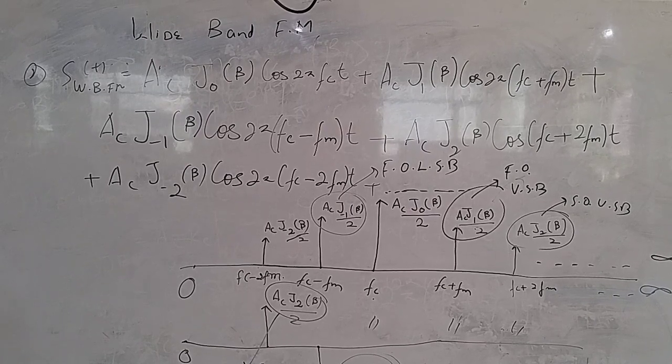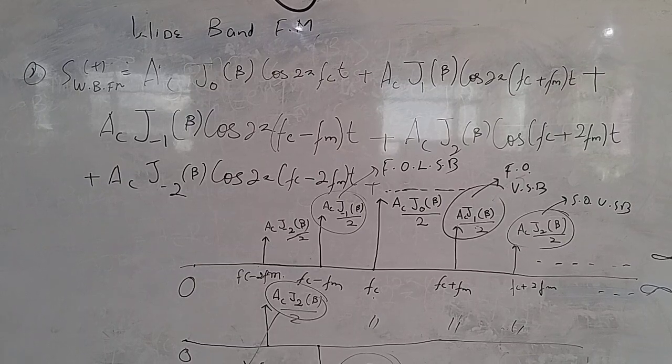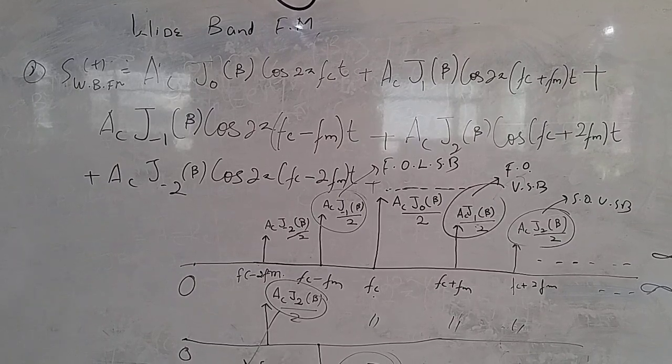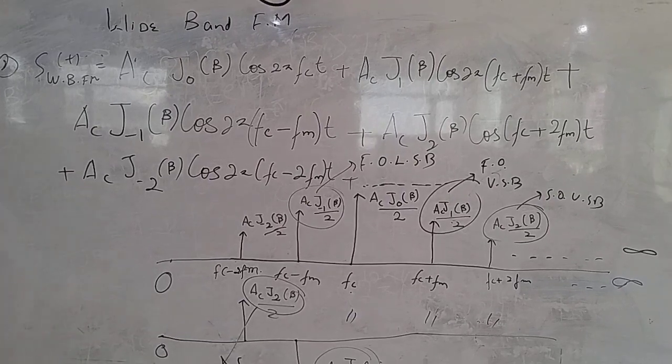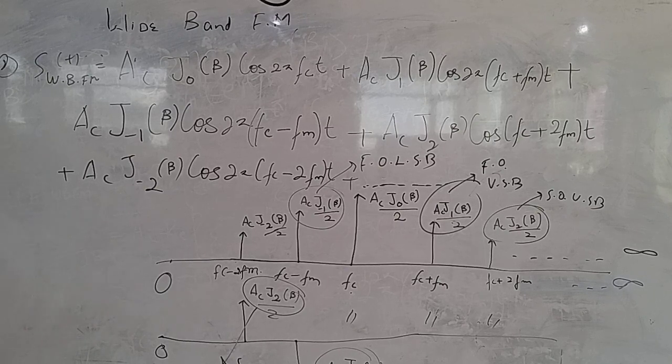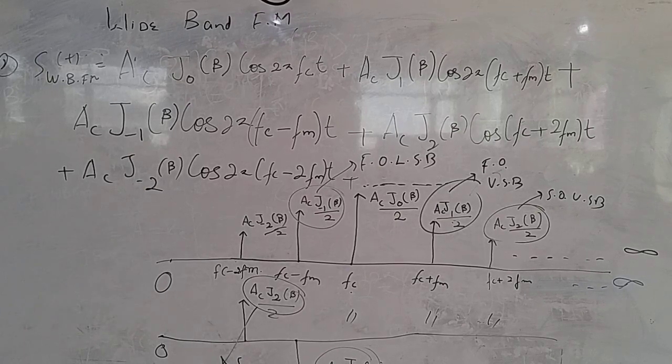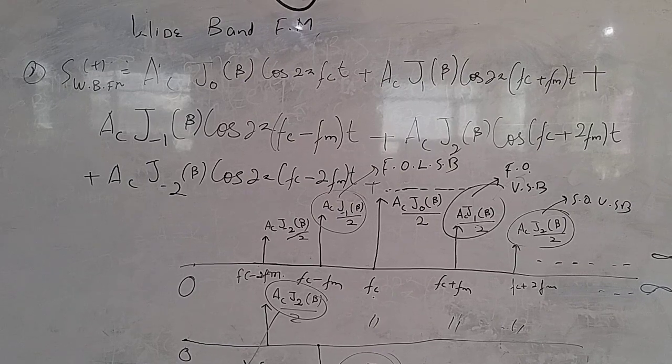For wide band FM strength of higher order side bands, बस सुन लीजिए इसको, लिखिए मत. For wide band FM, the strength of side bands goes on decreasing and finally becomes zero. Okay? लेकिन कहाँ पे zero हो जाएगी? Infinity. This is one point.